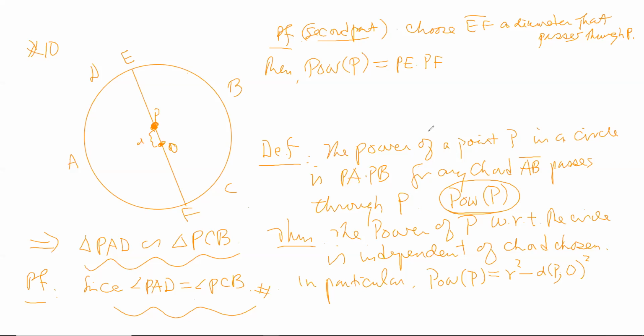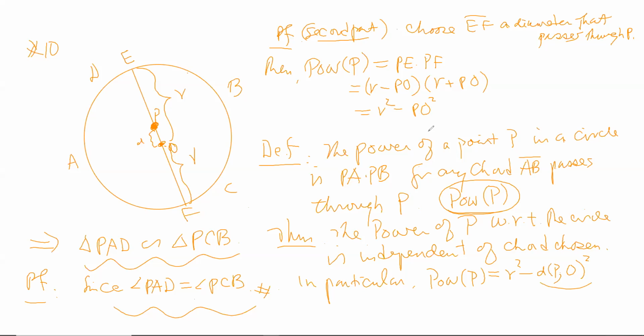What is PE in terms of radius? So PE is the radius minus the distance P to O, okay? And PF is the radius plus the distance from P to O, okay? And therefore it's R squared minus PO squared. And PO is just the distance from P to O. You get it?